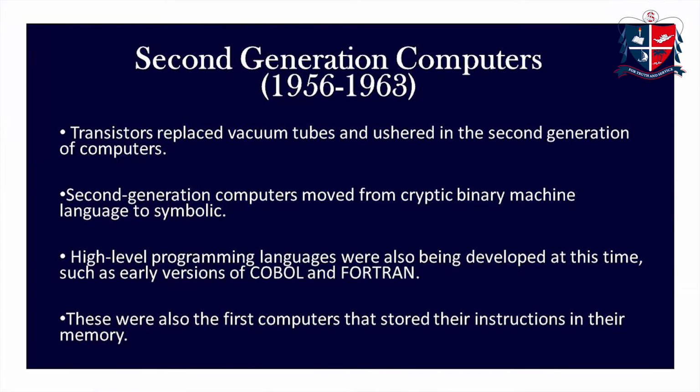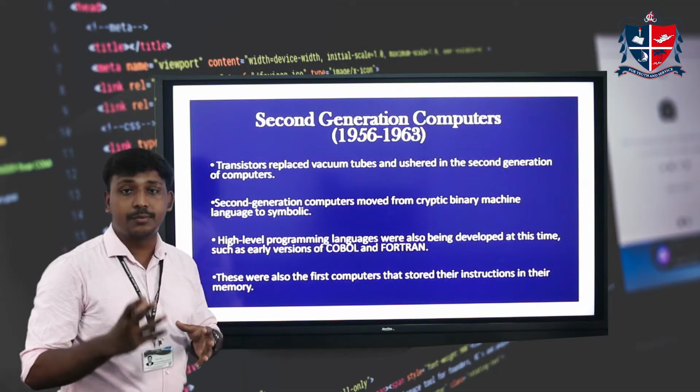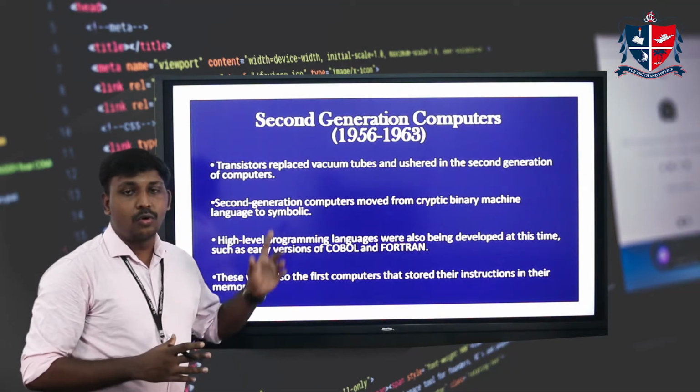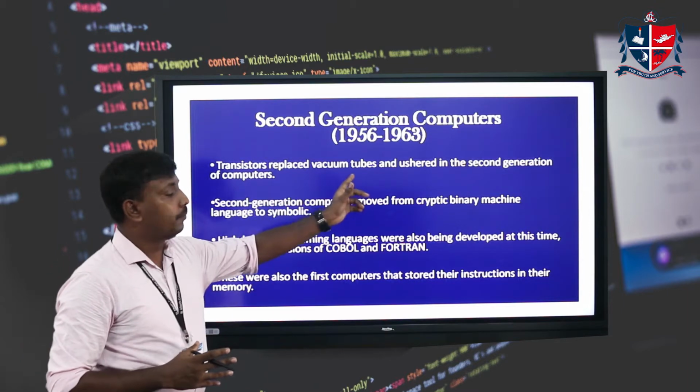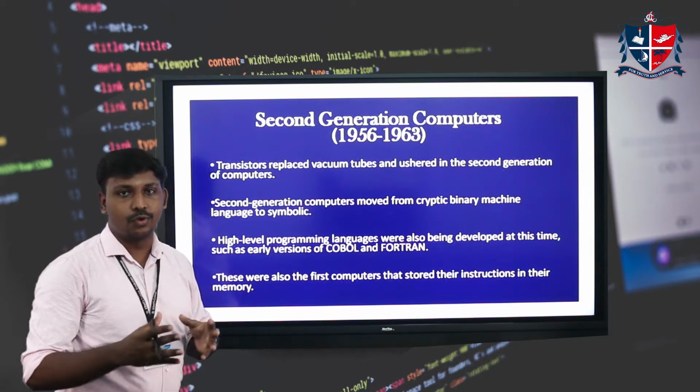Later, the second generation computers evolved from 1956 to 1963. The major advancement was in the hardware part. All these vacuum tubes were replaced by transistors. By the evolution of transistors, the second generation of computers evolved.